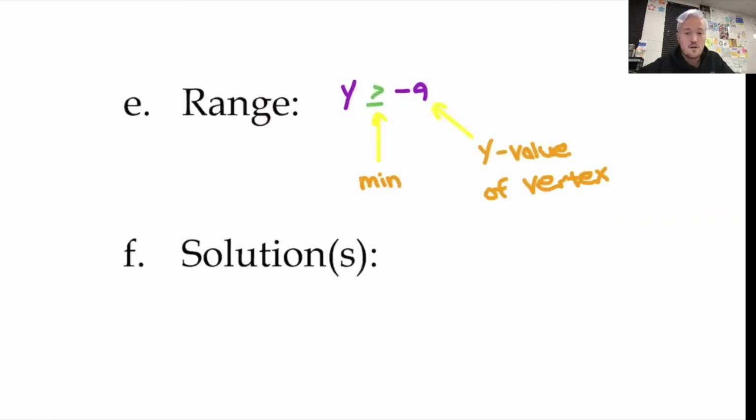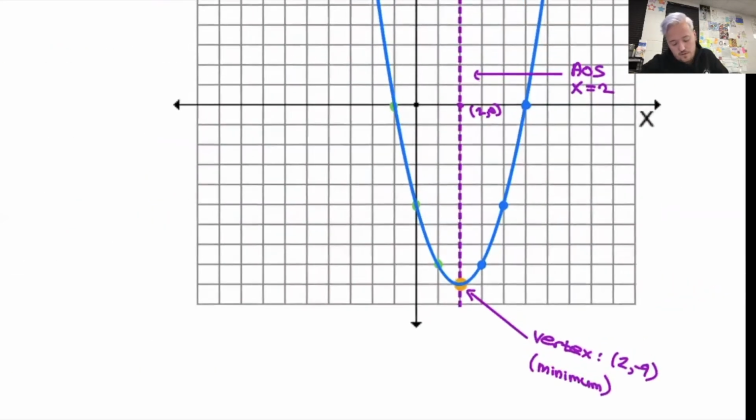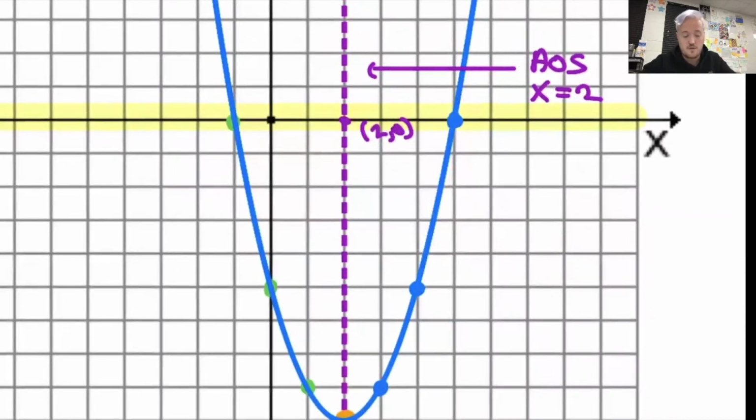Now we want to write the solutions of our quadratic equation. Remember, we're looking to see where it crosses the x-axis. This is our x-axis right here. We are looking to see where it crosses that x-axis specifically, so we're looking at this point and this point.